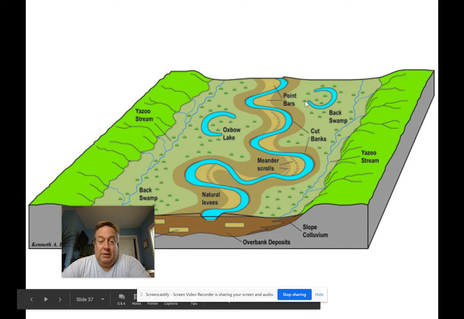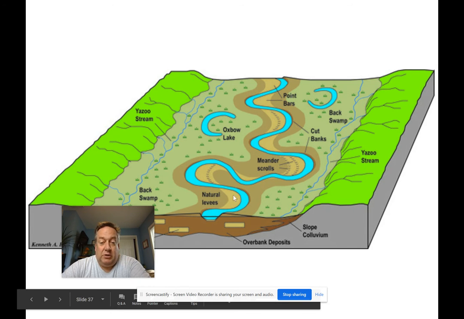And what happens is these meanders, these big curves that we see here in the river, eventually the water will eat straight through and the river will flow a little straighter and it cuts off that whole section and it becomes what we call an oxbow lake. So it's not really a lake, it's just a section of river that was cut off.